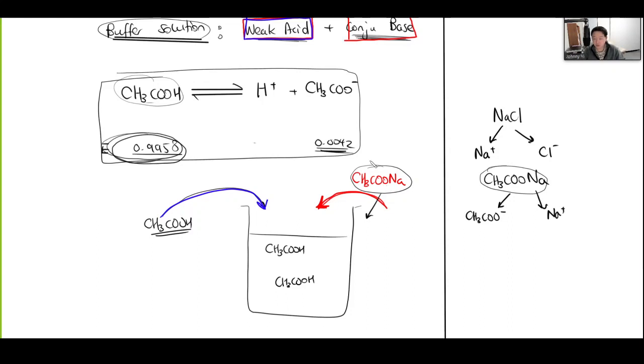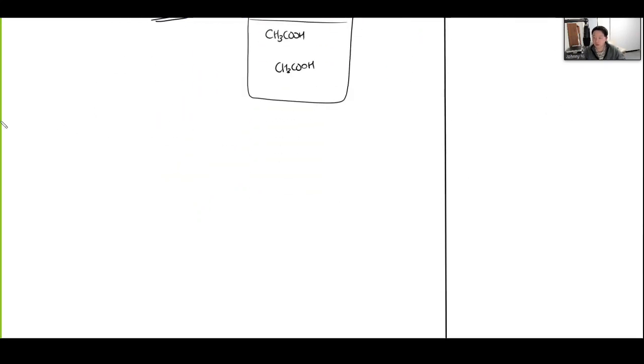And this will produce lots and lots of this guy, right? So you have lots and lots of this one, and also lots and lots of this one. And there you go. You have a pre-created buffer solution. So how does this work? How does this resist the change in pH?